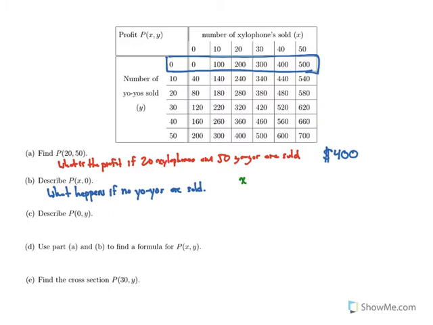We'll call it P of x. This is like a table of values maybe we're used to seeing in an algebra course. We're going to be looking at what happens if we sell 0, 10, 20, 30, 40, and 50 xylophones, and the profit will be given by those.